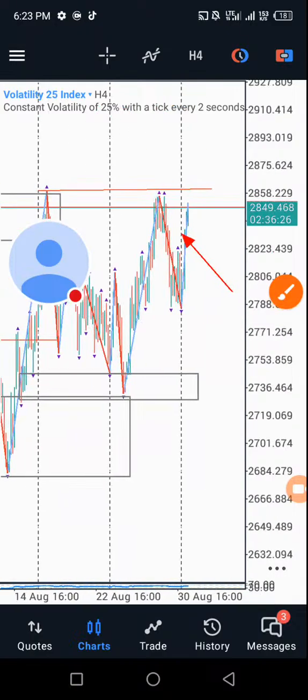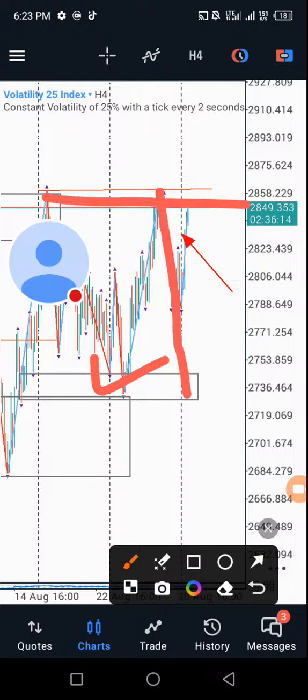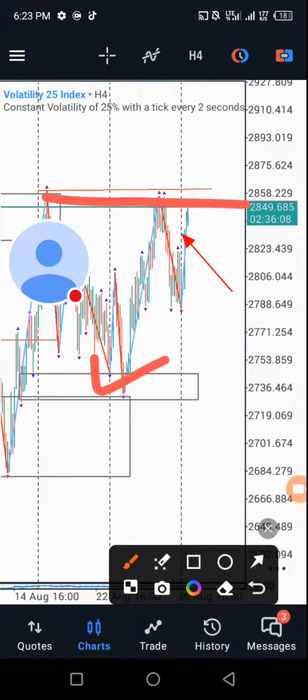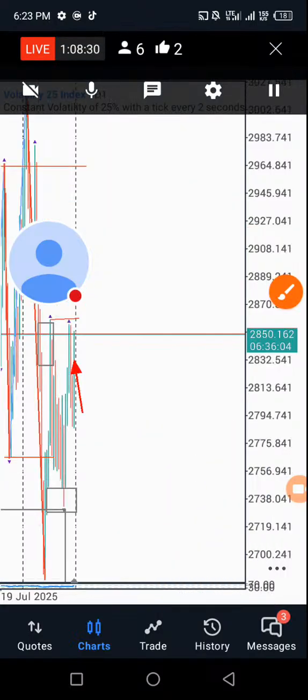For now this is a potential demand level. If price breaks out above, we'll be waiting for it to retrace back to that level before continuing its buy.